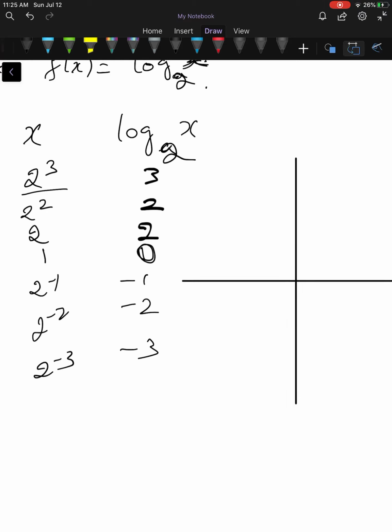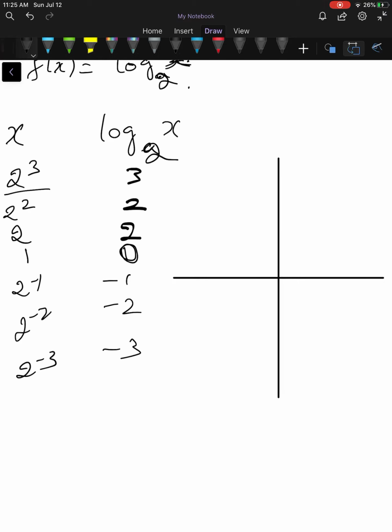If you now take the graph, the input values you need are 1, 2, 3, 4, 5, 6, 7, 8.